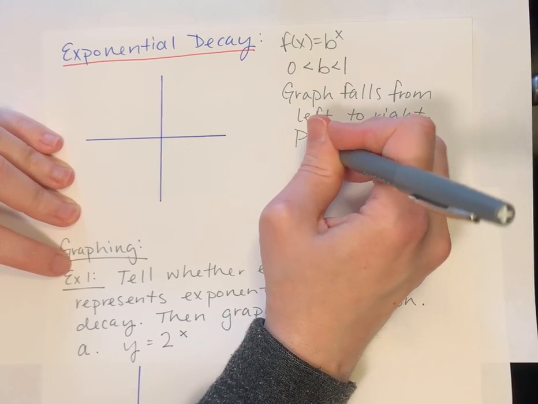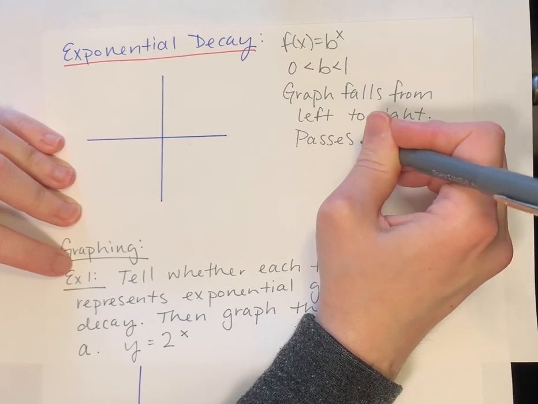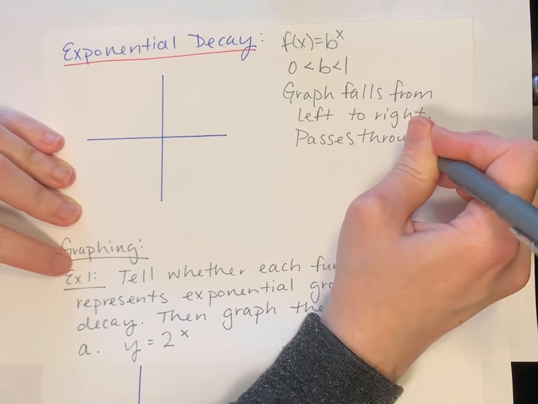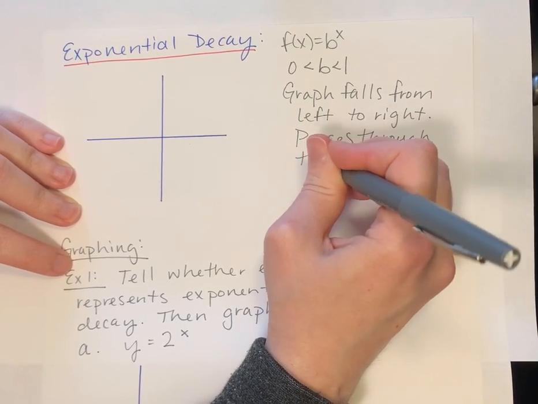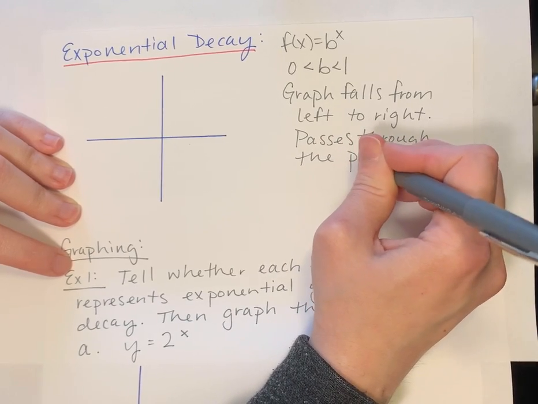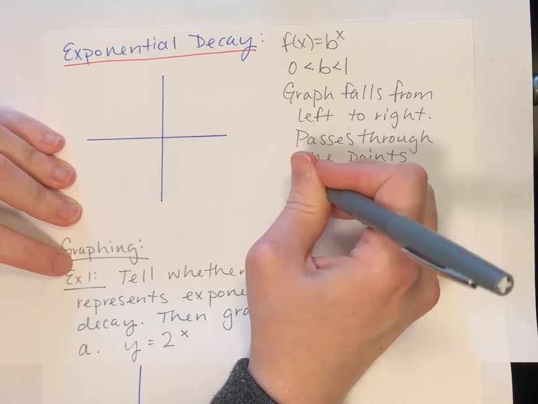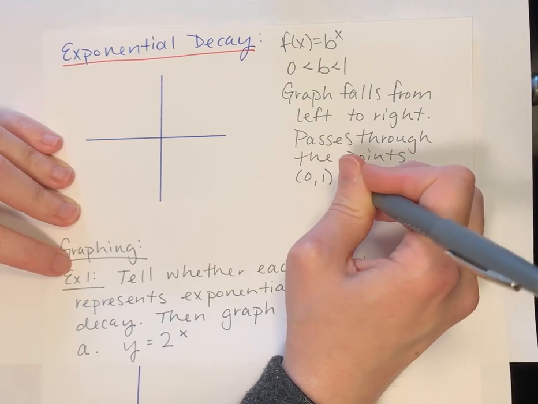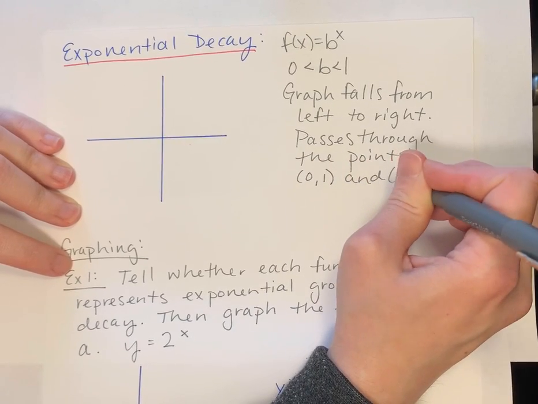And it passes through the points 0, 1 and 1, b.